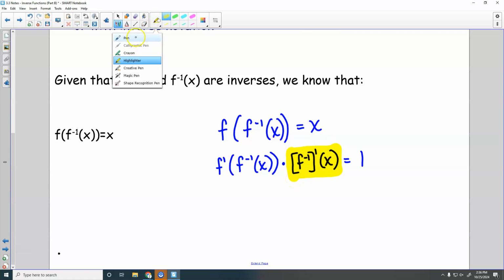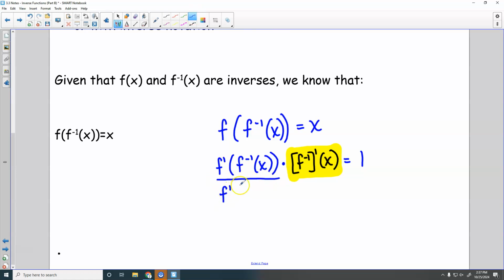Okay, derivative of the inverse. So if I want to find the derivative of the inverse, I just need to divide both sides by f prime of f inverse of x.